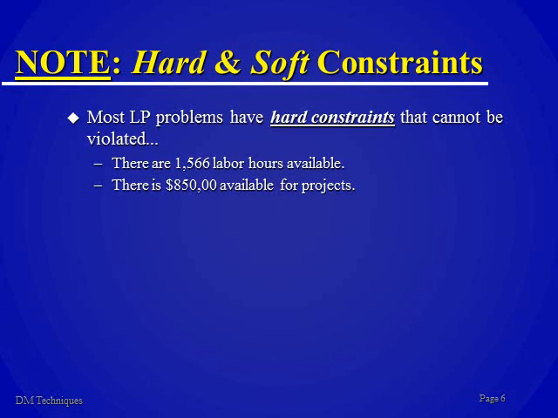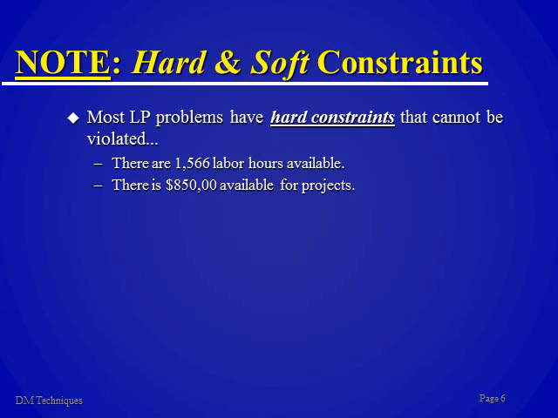Let's formally define what a hard and soft constraint is. A hard constraint is one that cannot be violated. For example, you're running a corporation and a specific project has only 1,566 labor hours available. You don't have more personnel, so you need to find a solution that does not use more than 1,566 labor hours, because you don't have any more hours.